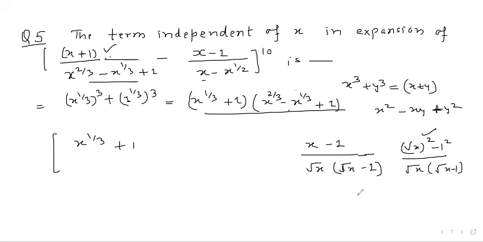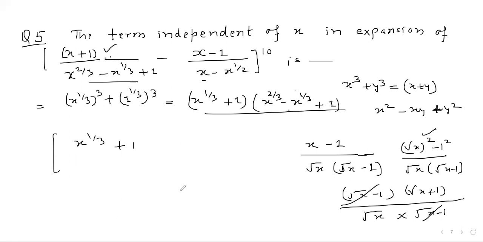So this will give root x minus 1 times root x plus 1, and the denominator will remain root x times root x minus 1. So this term will cancel out.